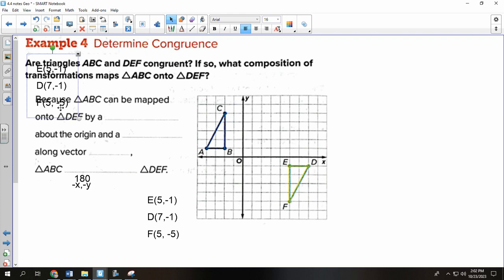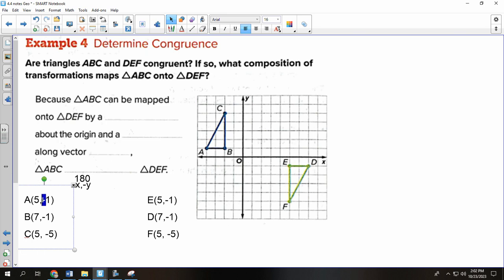Let's go ahead and get some ABC. So as you're looking at it, if I rotated ABC 180 degrees, then I think it'll turn it upside down like DEF is. So ABC, A is at 1, 2, 3, 4.